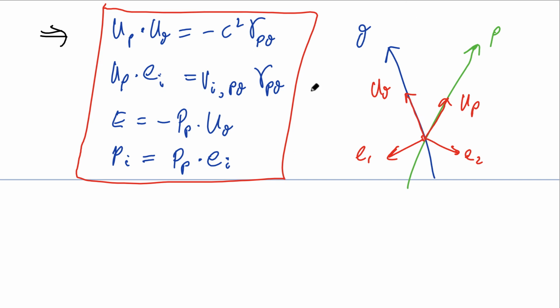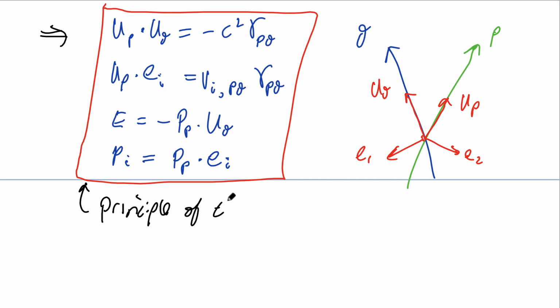All of these results were derived in the context of special relativity, but you'll notice they're written here in a way that's independent of the coordinate system used. So, by the principle of equivalence, all of these results can be elevated to curved spacetimes, and they hold in that context as well.